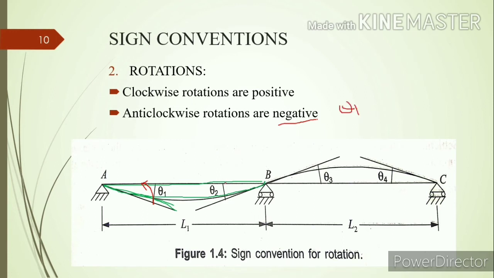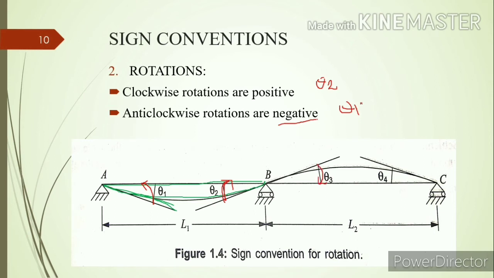Similarly, theta 2 is measured from the tangent to the initial position. Therefore, theta 2 is clockwise. Clockwise rotations are positive, so theta 2 is positive. Similarly, considering the member BC, theta 3 is measured from the tangent to the initial position.